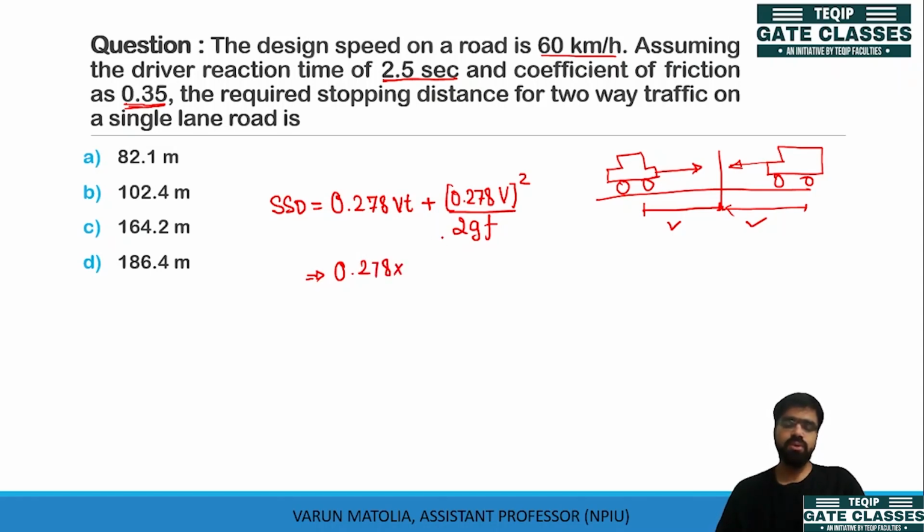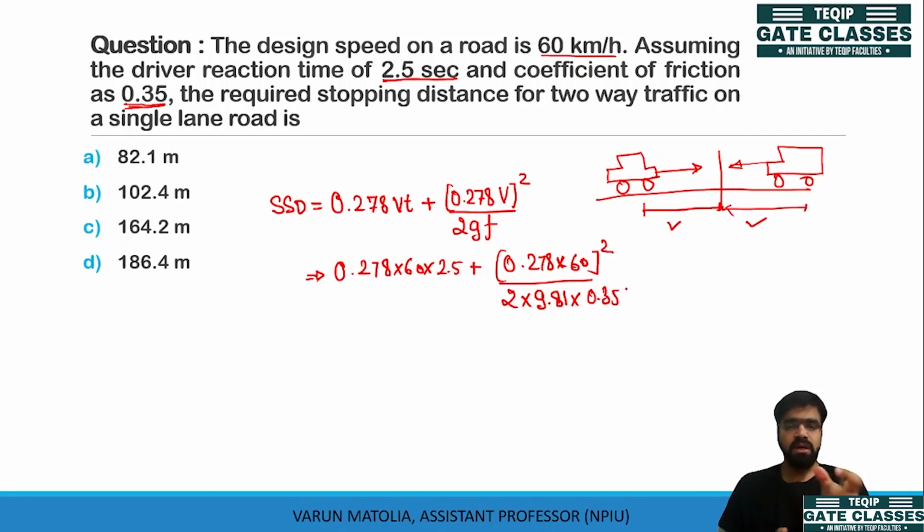Whenever you are using g value, you need to be a little bit cautious, because if we use value of g as 10, there may be some variation in the answer. So better use 9.81 instead of 10, so that our answer is exactly equal to the required answer. Because in the GATE examination we have fill-in-the-blank type questions also, in which options are not provided. So we need the exact solution.